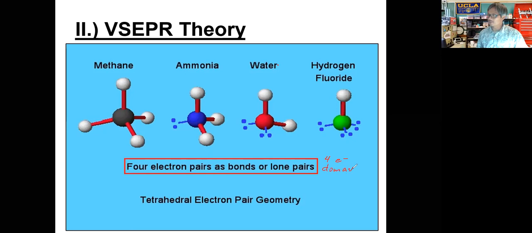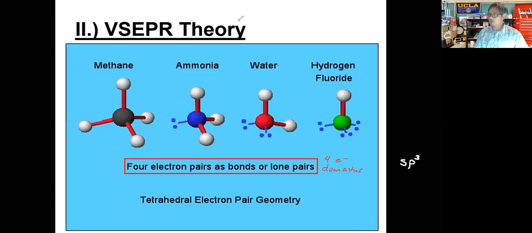As soon as you see that, you should recognize that when you have 4 electron domains around a center atom, we can conclude that each one of the center atoms here, the black one, the brown, blue, red, and green, will all be sp3 hybridized.